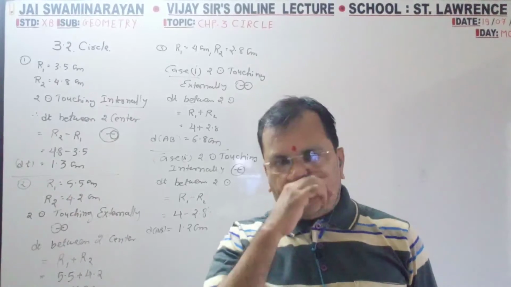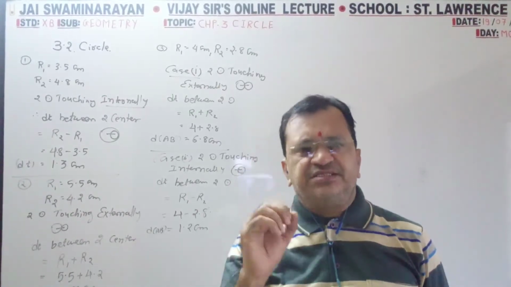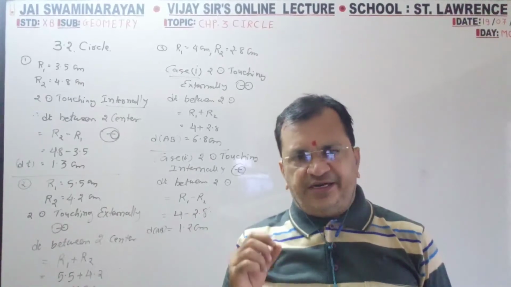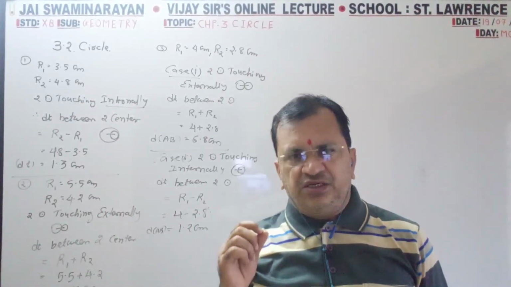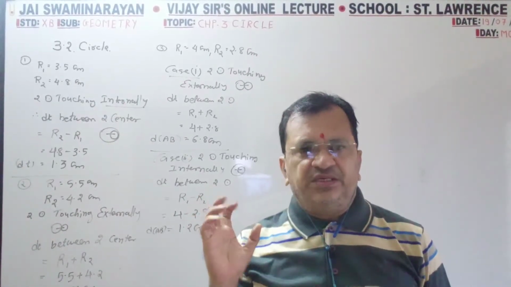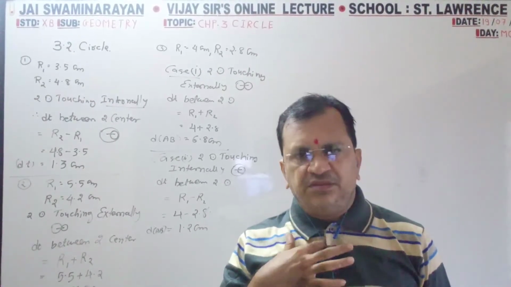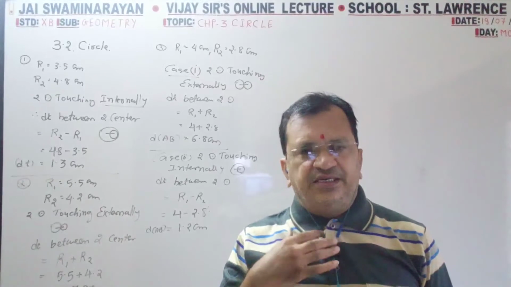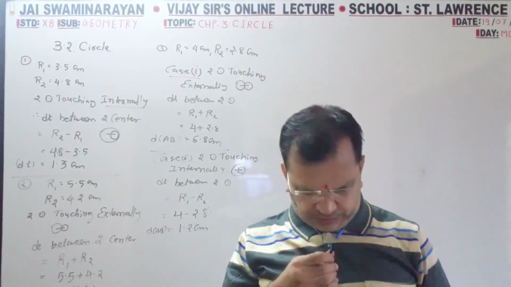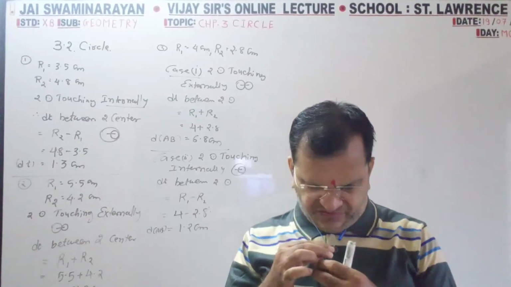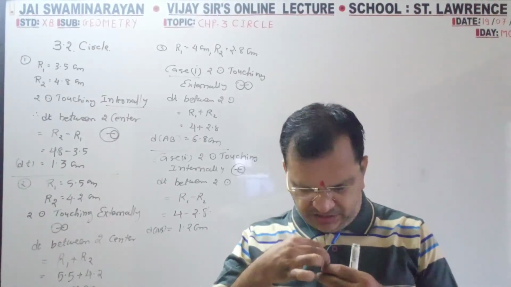So when they ask to find the distance between two centers, you have to clarify whether it is touching internally or externally. If it is internal, then subtract. If it is external, then add.